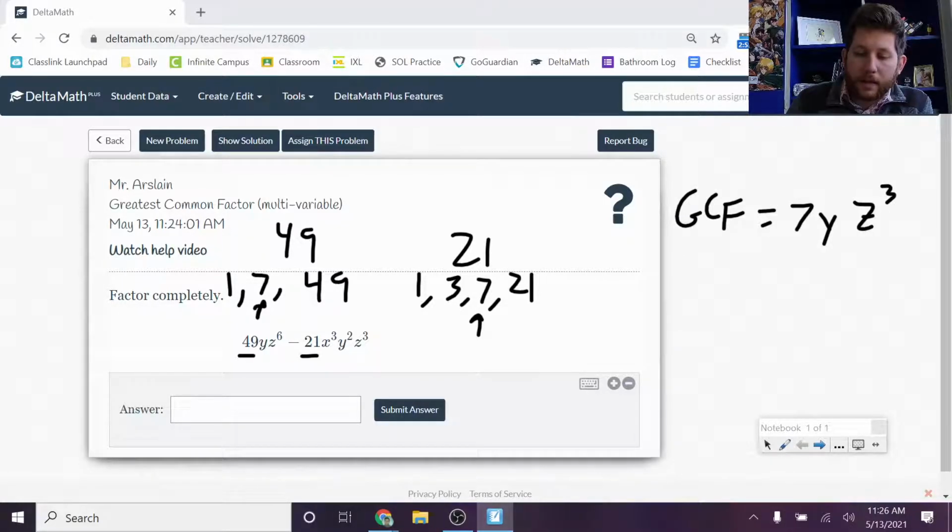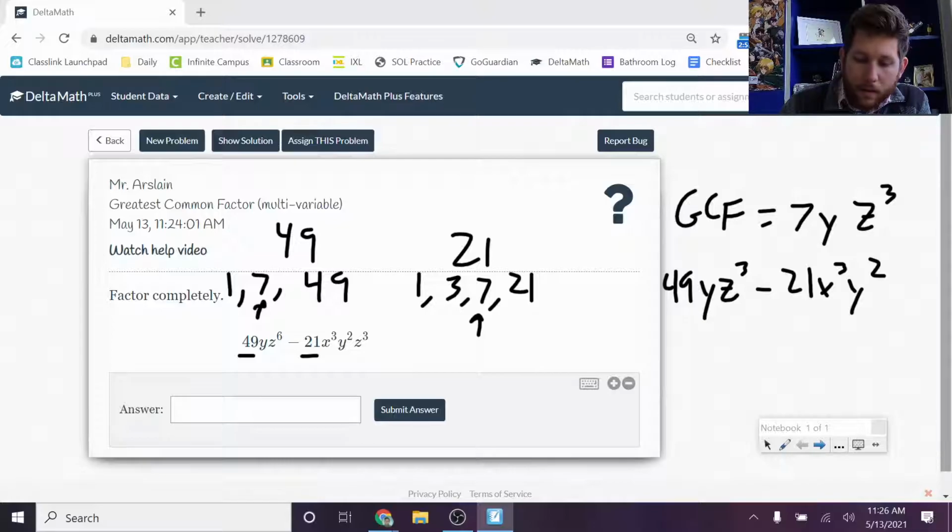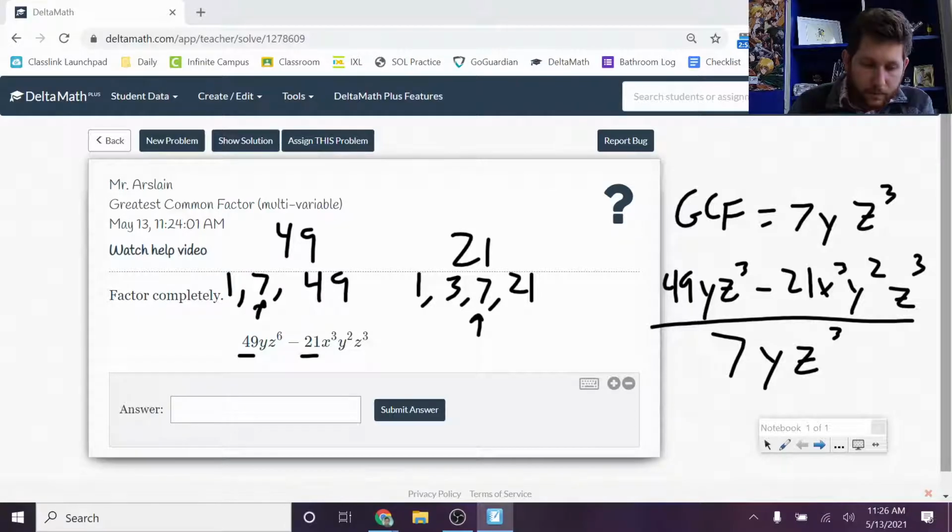So now what I need to do is take my original problem, 49yz cubed minus 21x cubed y squared z cubed, and divide it by 7yz cubed. All right, so my greatest common factor, that's going to go here.